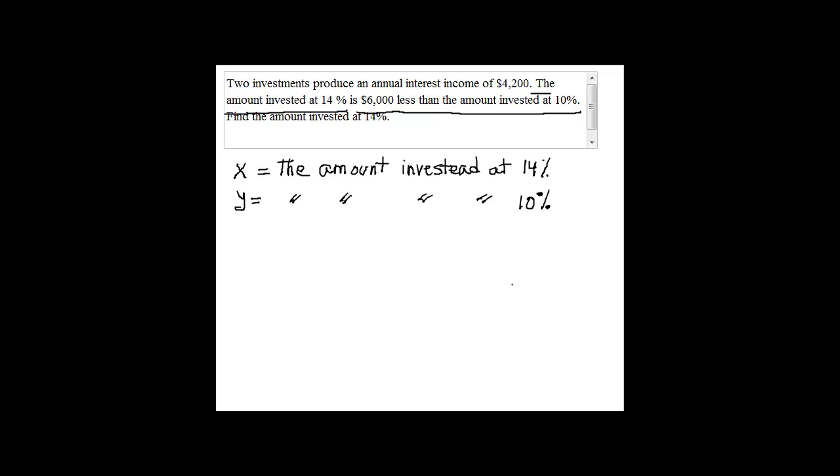Kevin, Kiona, if you don't have X next to your name, do you want to give me your answer? What do you think would be the relationship? No, what I want is the relationship between X and Y. I want to translate this. The amount invested in 14%. Well, we said the amount invested in 14%, we're going to call it X. Right? So this whole thing would be X.